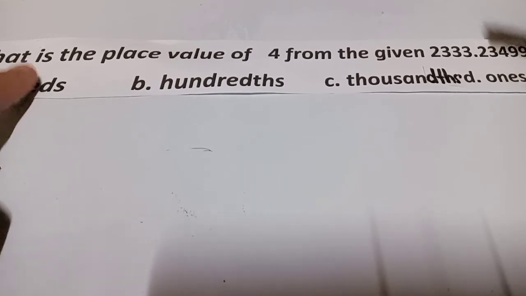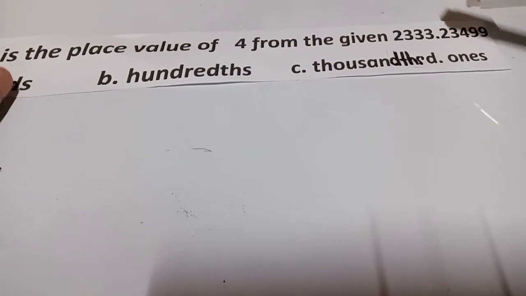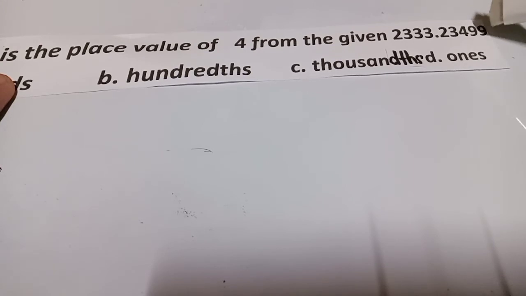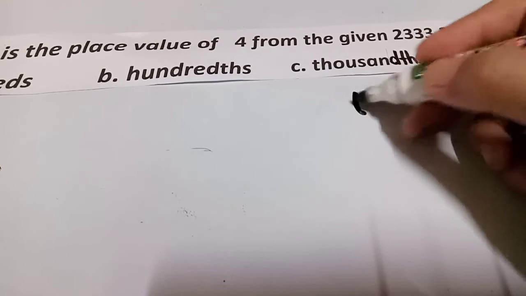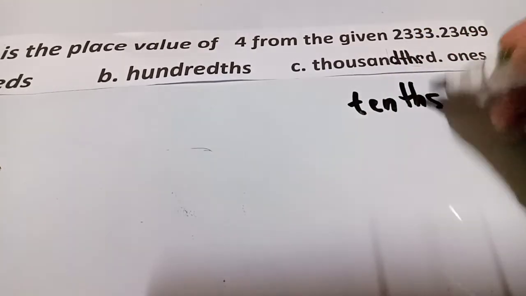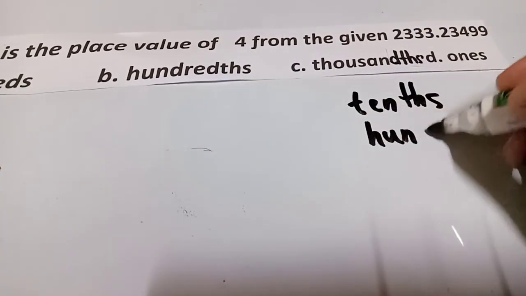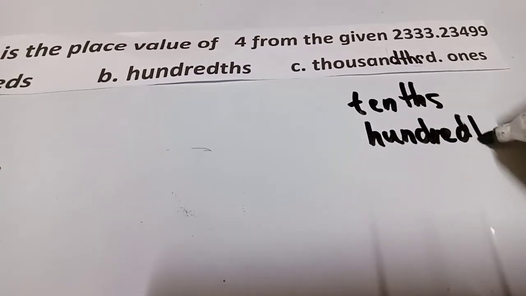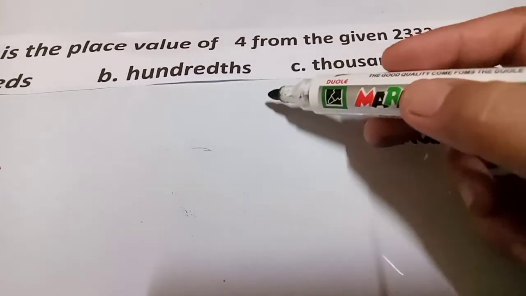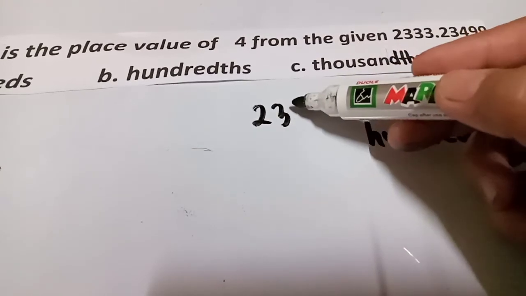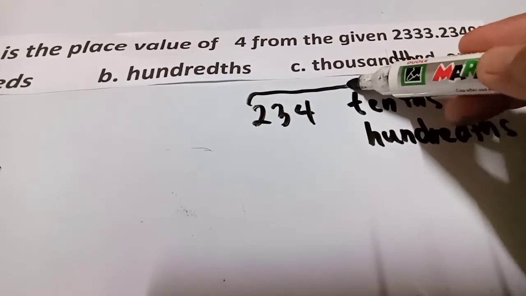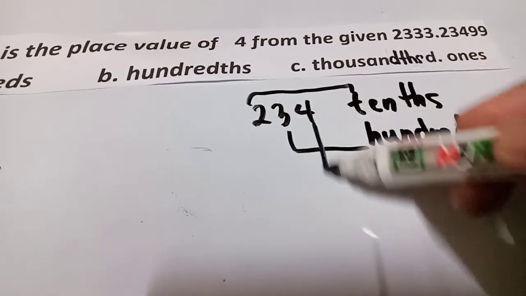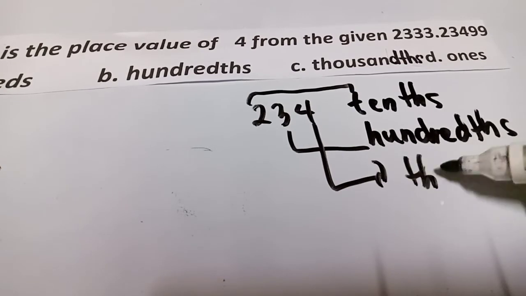Take note: tenths, hundredths, thousandths, ten-thousandths, hundred-thousandths. So the 2, 3, 4 will be the tens, hundreds, and then thousands.